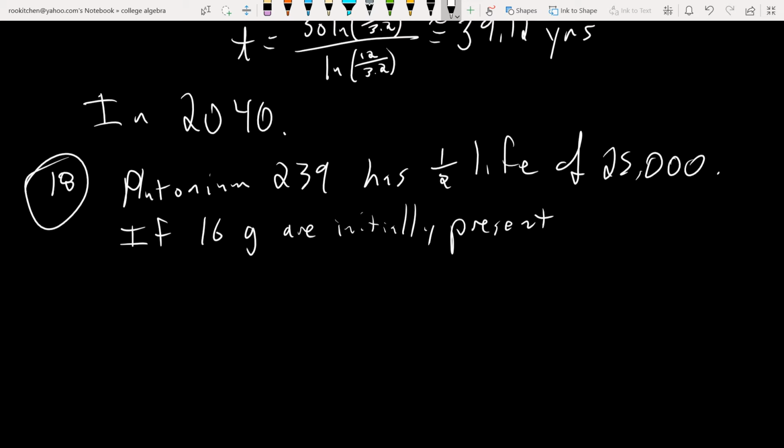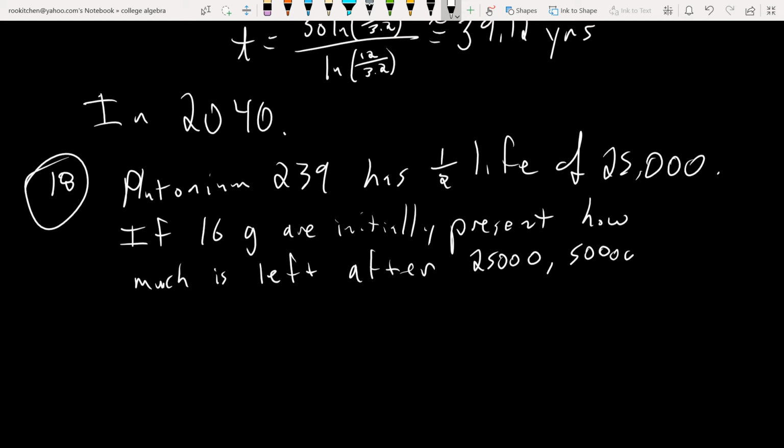And then they want to know how much is there after 25,000 years, then 50,000 years, then 75,000 years, then 100,000 years, then 125,000 years.